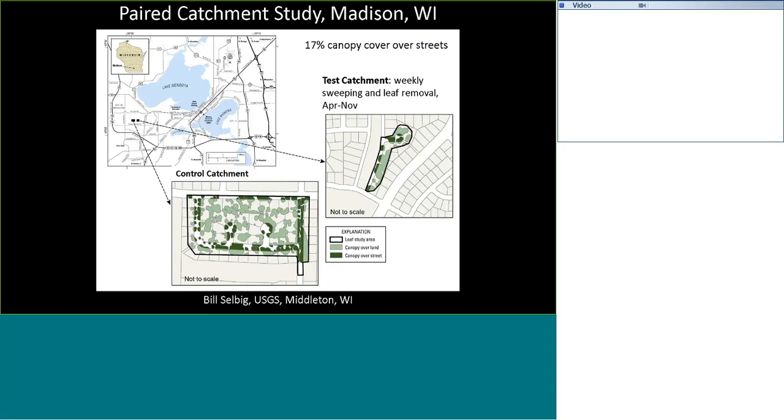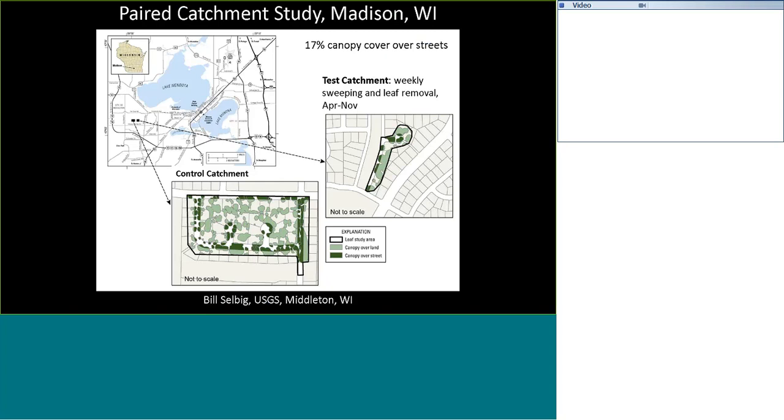All right, so the final study that I want to mention is not a study that we've been involved with at all. This was a study that Bill Selbig did in Madison, Wisconsin. Bill is at the USGS in Middleton, Wisconsin. He did a paired catchment study in Madison where he had very small residential catchments, and he was able to measure the runoff from these catchments.